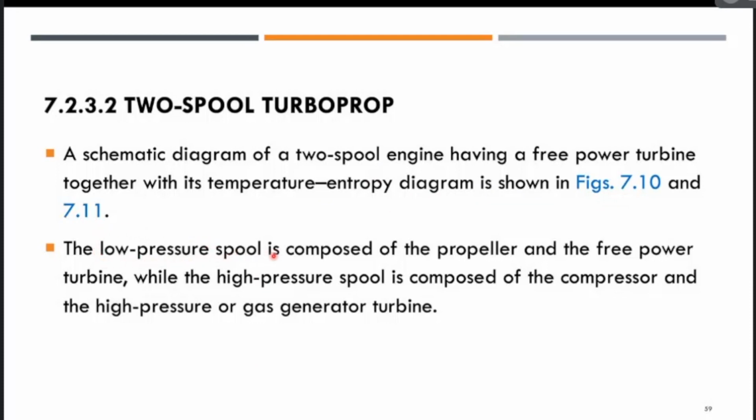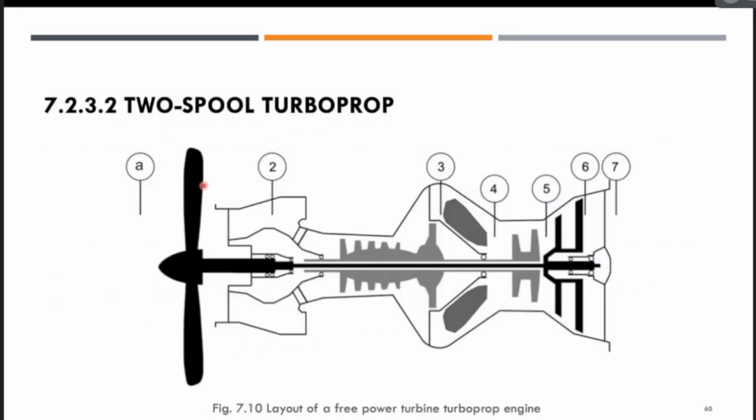The low pressure spool is composed of the propeller and the free power turbine, while the high pressure spool is composed of the compressor and the high pressure gas generator turbine. So this is the case for the two-spool turboprop, right?